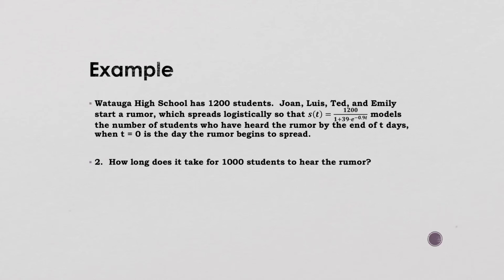Here, same question, same model. How long did it take for 1,000 students to hear the rumor? Now instead of plugging in for t, I'm plugging in for S of t. I'm back to having to solve that long problem. So 1,000 equals 1,200 over 1 plus 39e to the negative 0.9t. Multiplying both sides, we get 1,000 times the denominator.